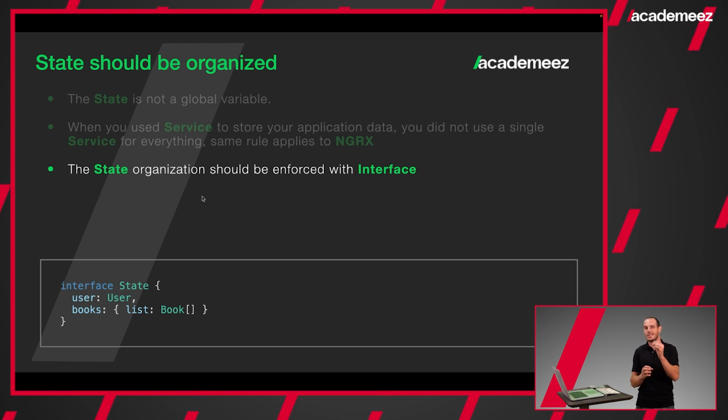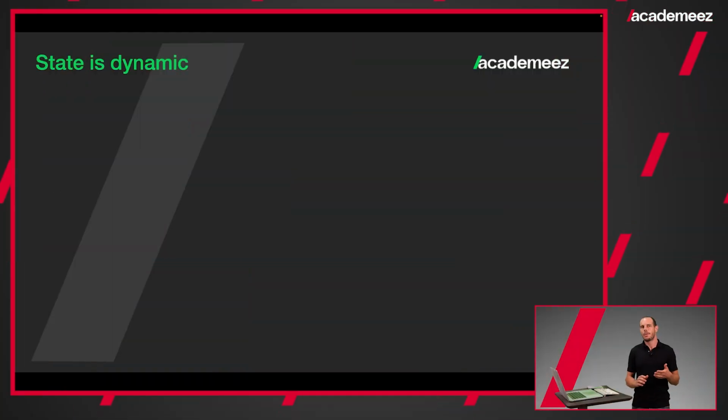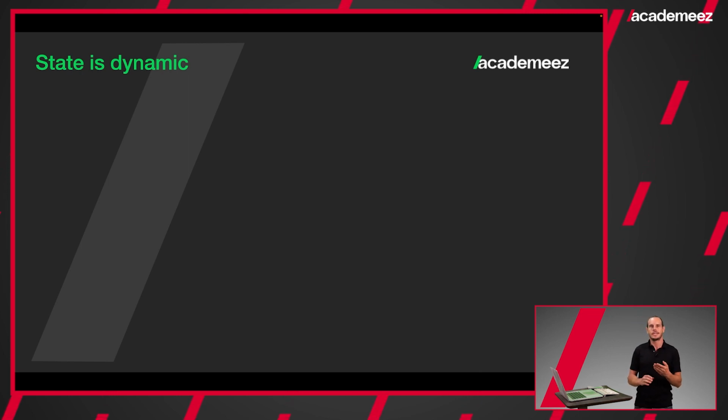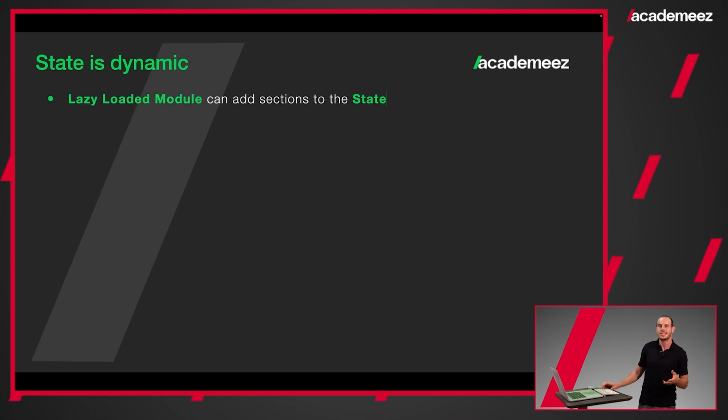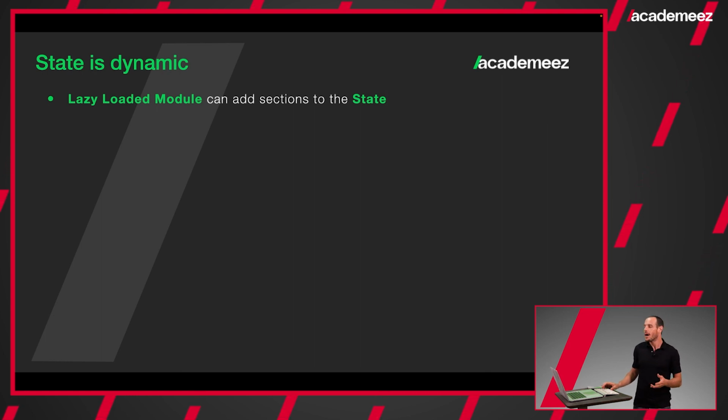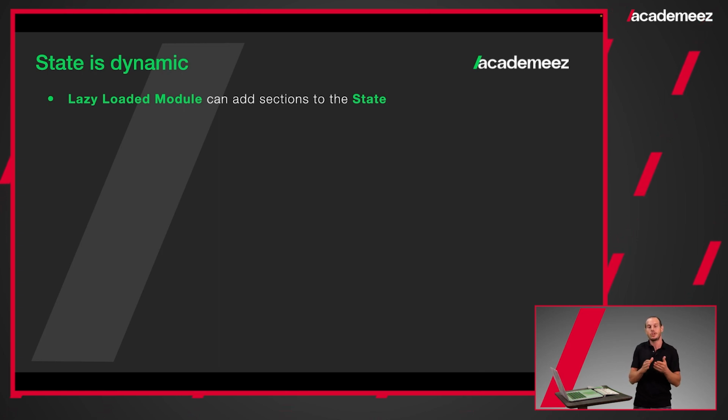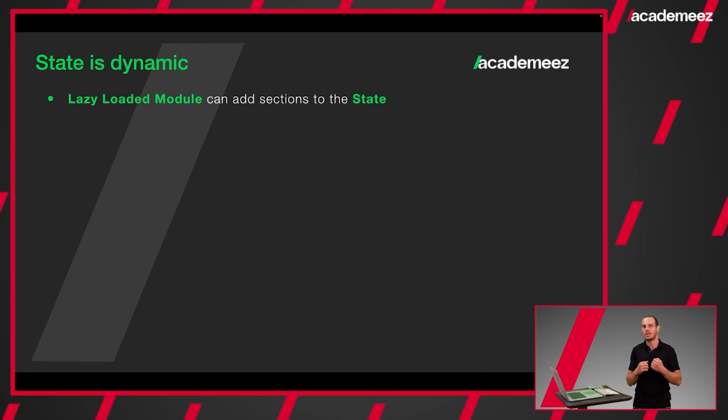It's an organized object. The state in your application is not something that stays in a certain structure. The state is something that is alive and dynamic and changing as the user moves along in your application. Yes, you start with some kind of initial state, but often, when your user navigates the application, certain modules might be lazy loaded.